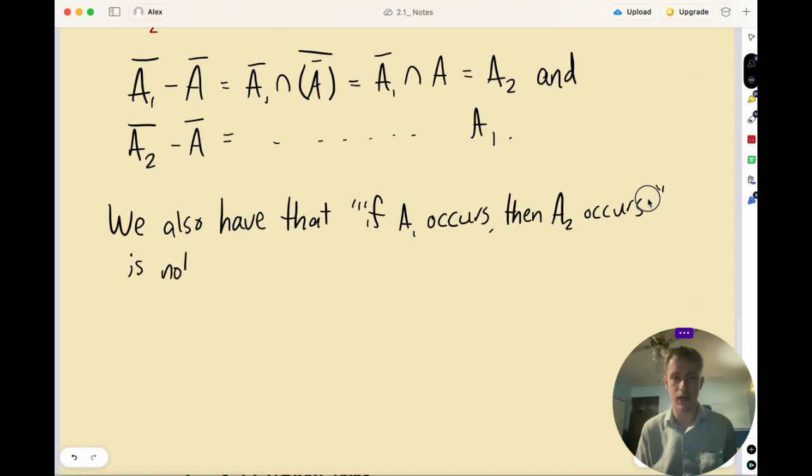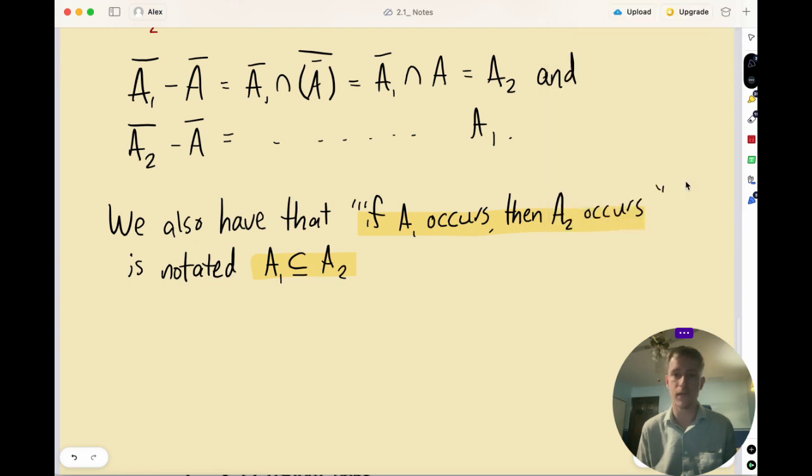And that's notated A1 is a subset of A2. Okay, what does this mean a little bit more in depth? Okay, so if A1 occurs, then A2 occurs. Like, what does that really mean?